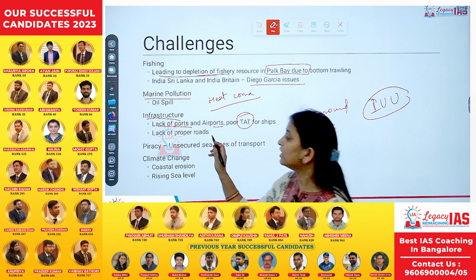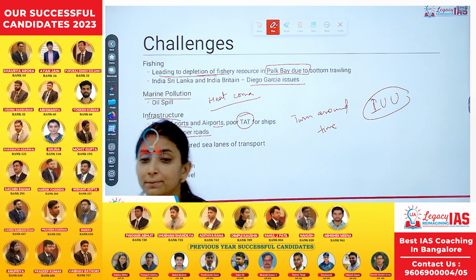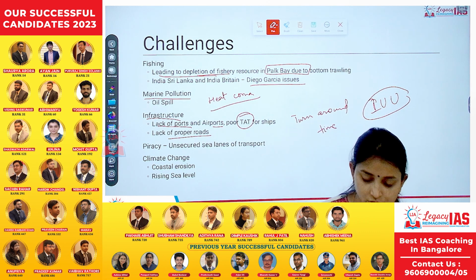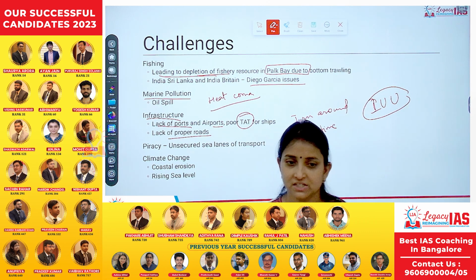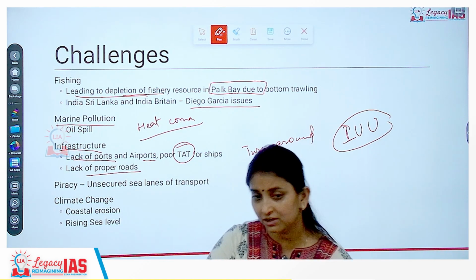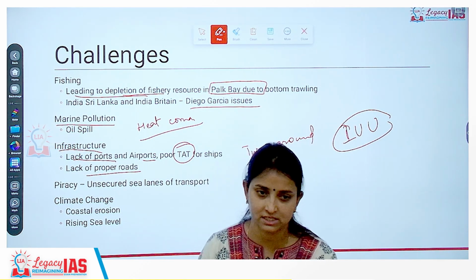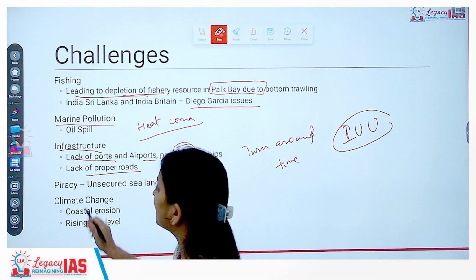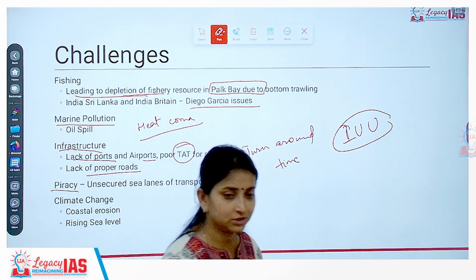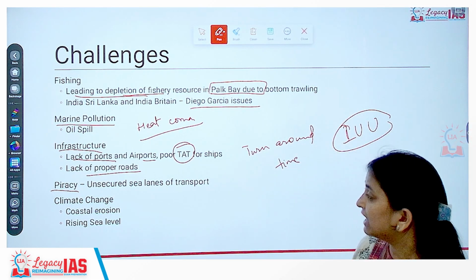Plus, we do not have proper road facilities, proper evacuation facilities. For example, some trade goods have come to the port. Okay? We do not have proper railroad connectivity from ports for the evacuation of the goods that have reached there. Plus piracy related issues that are already present in the Somalia and Djibouti region.